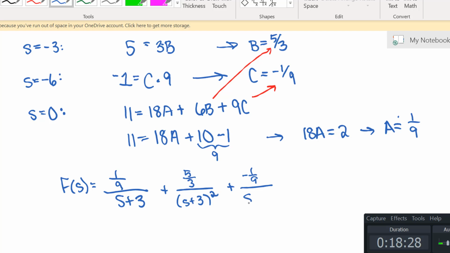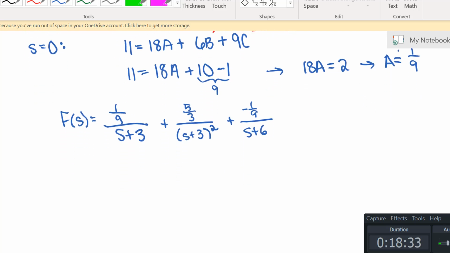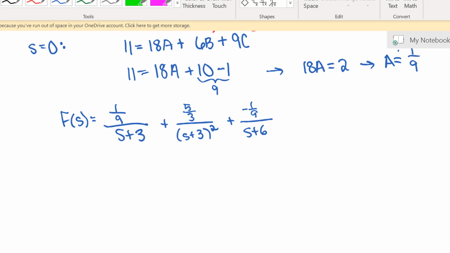And that one was over S plus 6. So the inverse Laplace transform takes us back to the time domain.